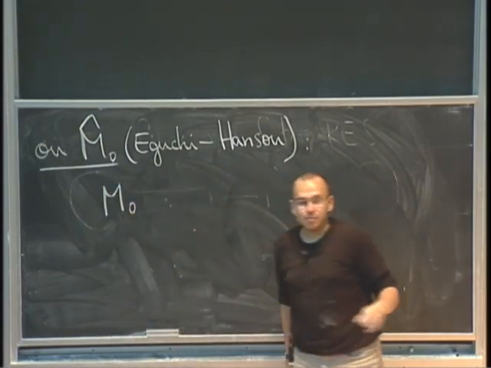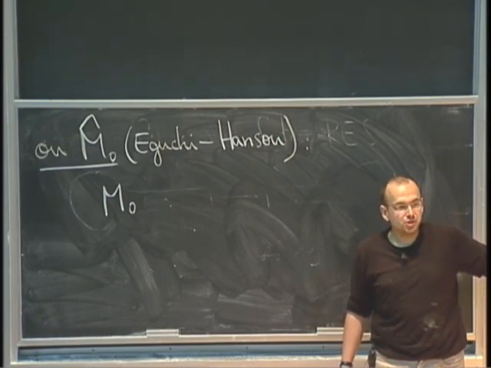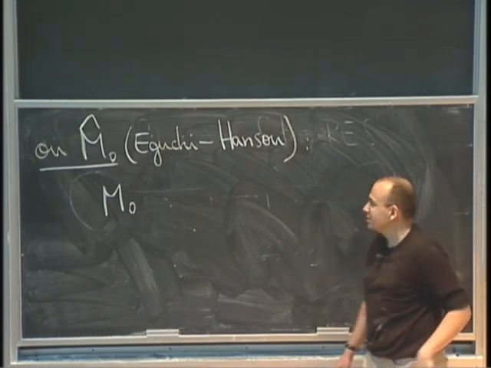So you're trying to do the same thing. You're trying to use the symmetries of the problem to reduce the Monge-Ampere equation to an ODE that you hope to be able to solve explicitly.